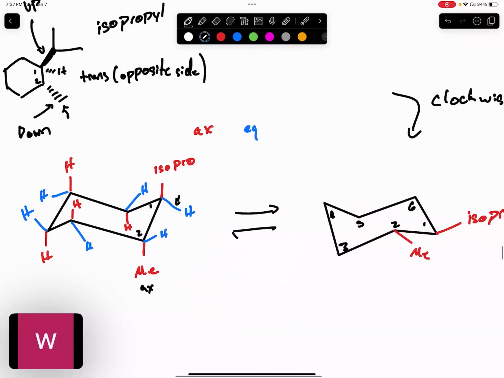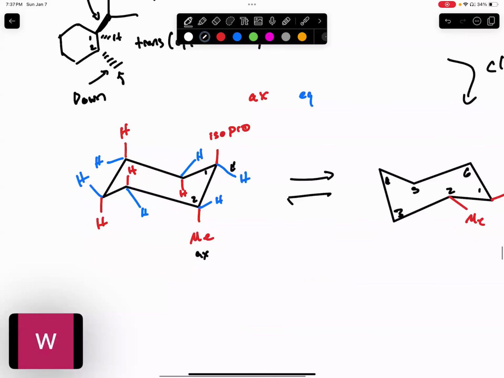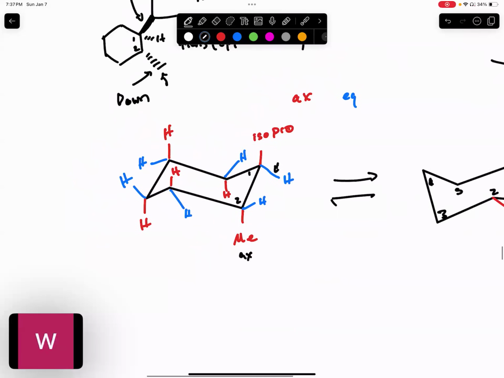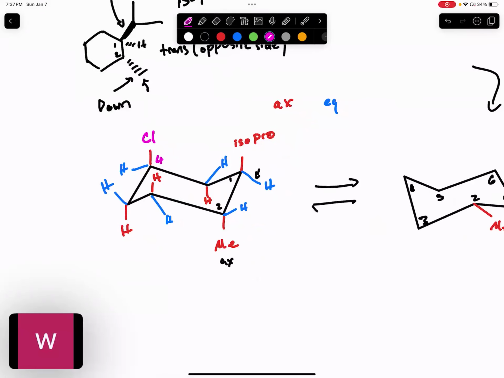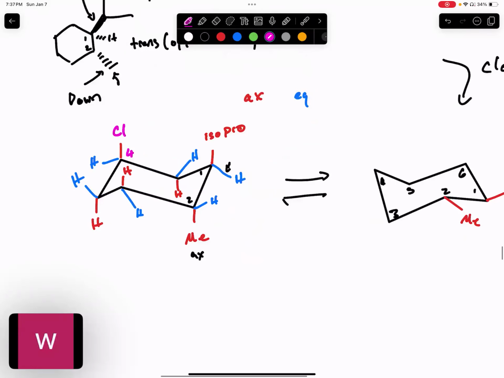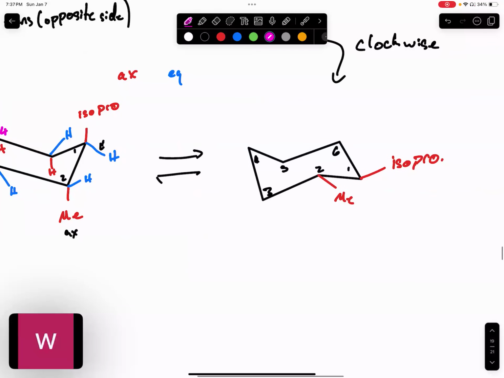Okay, better question. How about at carbon number 4? So at carbon number 4 here, if I was to change this group to a chloro group, whoever just talked, can you please tell me where the chloro group would be once we ring flip?